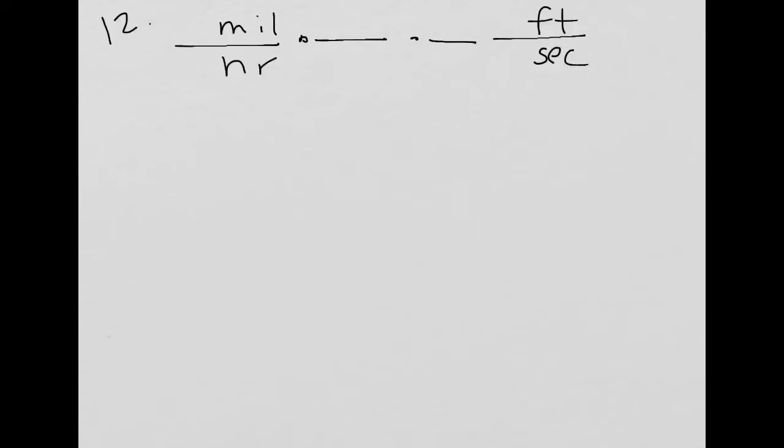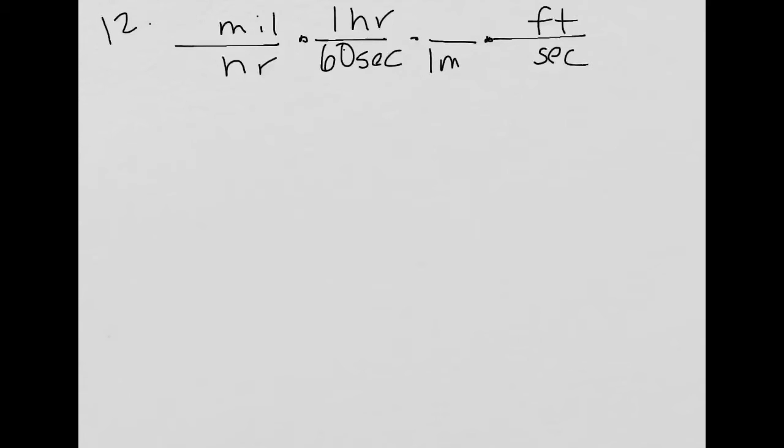So if we want to convert something in miles per hour to feet per second, then we have to do a little work here. And I certainly don't anticipate this on my test. I don't really anticipate this on the AP test either. But it's still good practice. So we know 1 hour is 60 seconds.